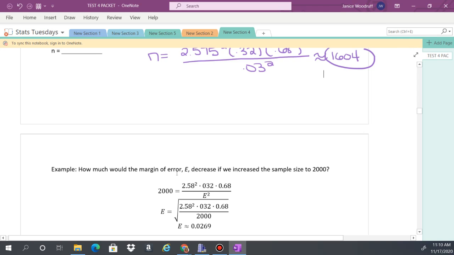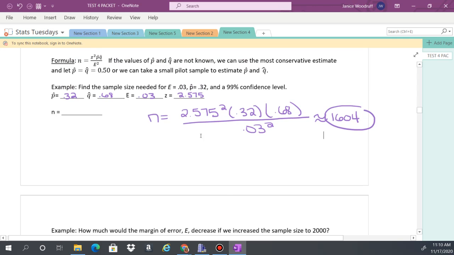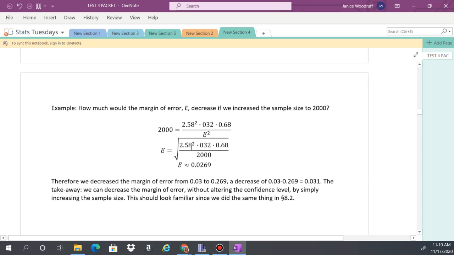So how much would the margin of error decrease if we increase the sample size to 2,000? This is just an example here. They use 2.58 instead of 2.575, so it might change slightly here. You're just reworking this algebraically.